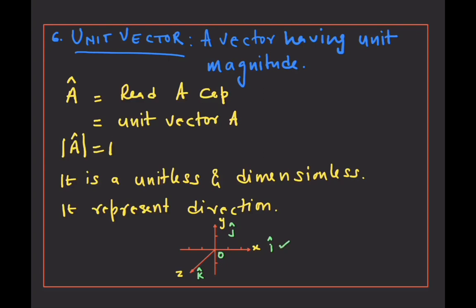Since i cap, j cap, k cap are unit vectors, their magnitude is equal to 1.